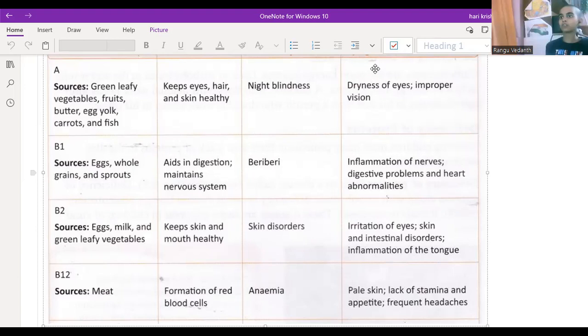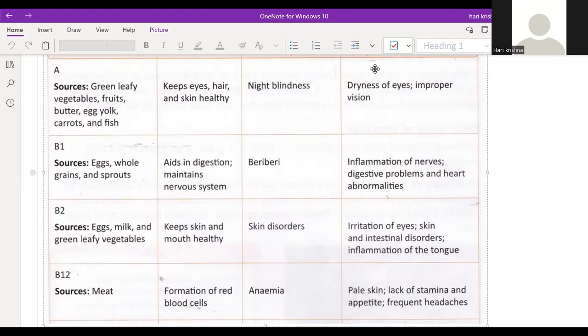Okay, symptoms, not the disease. So it will cause irritation of the eyes and skin, intestinal disorders and inflammation of the tongue. That is the main symptoms of vitamin B2 deficiency.